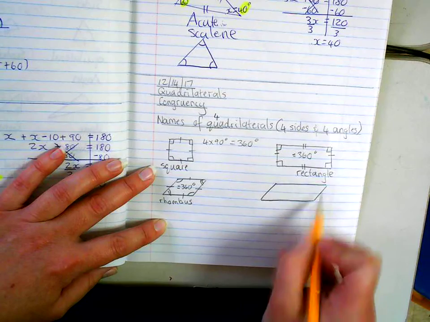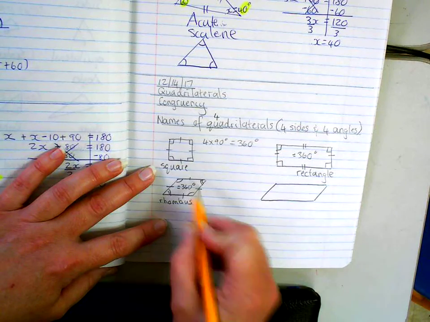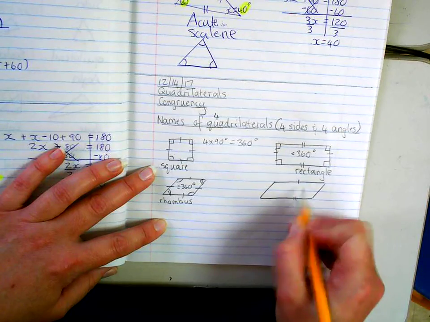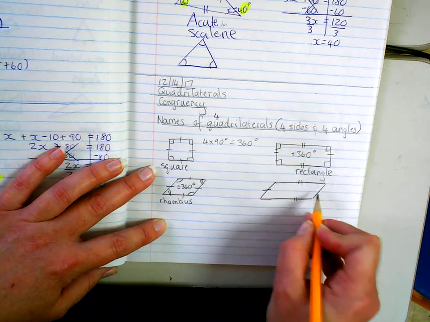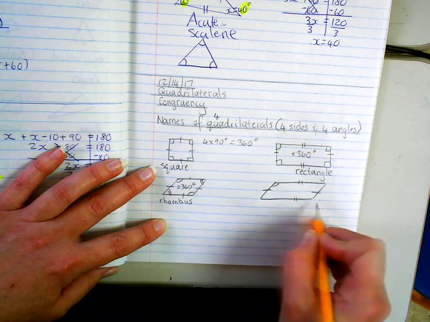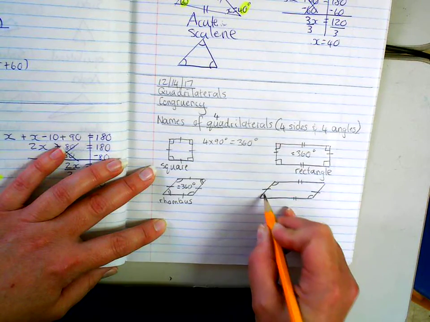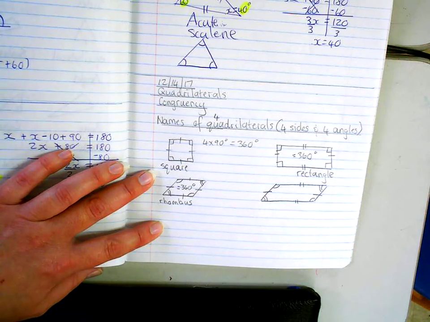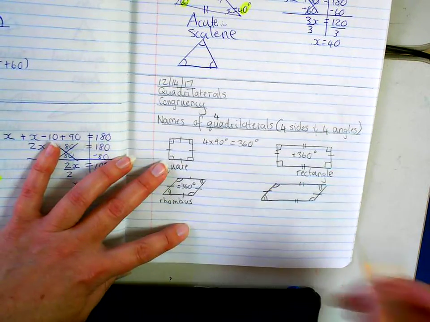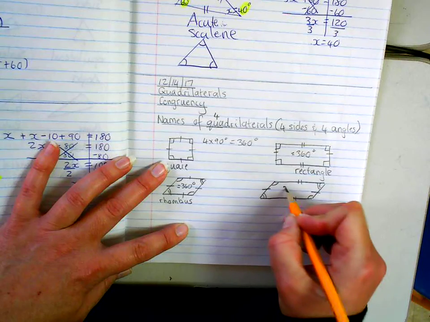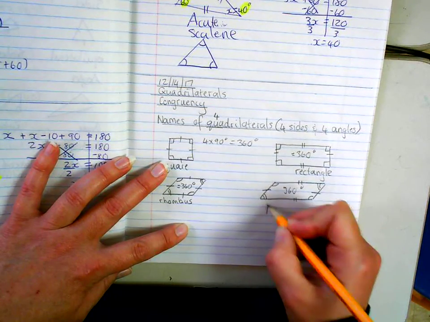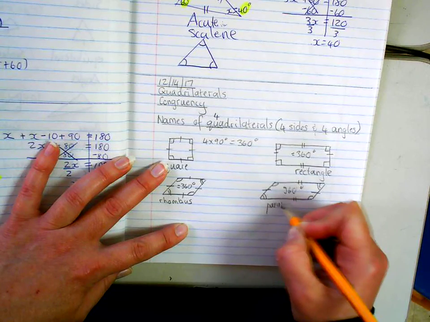Now, not all 4 of the sides are equal like it is over here. The opposite sides are still equal, and opposite angles are equal. So what changed basically? It does not add up to 300, it does add up to 360 degrees. This little guy is called a parallelogram.